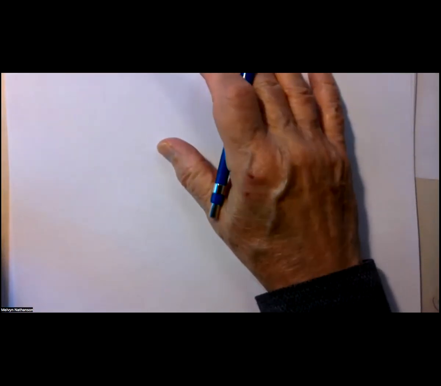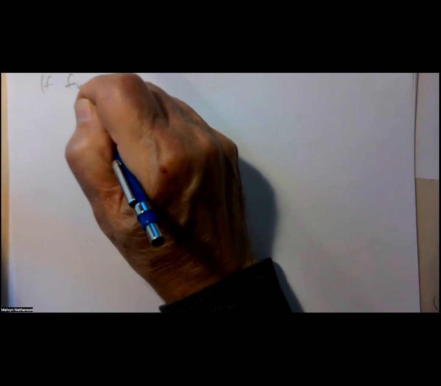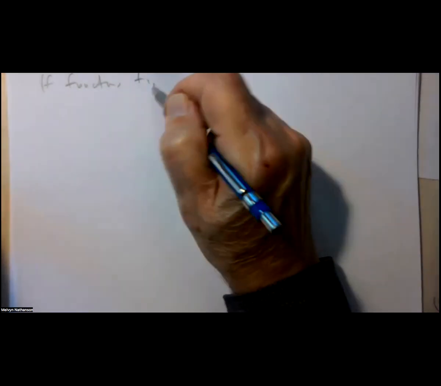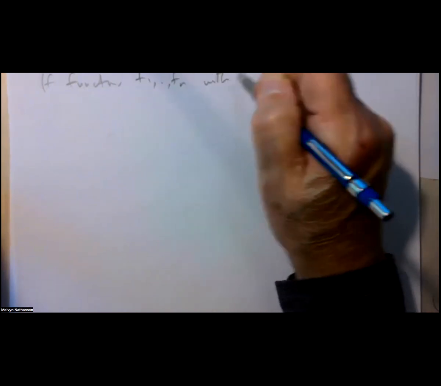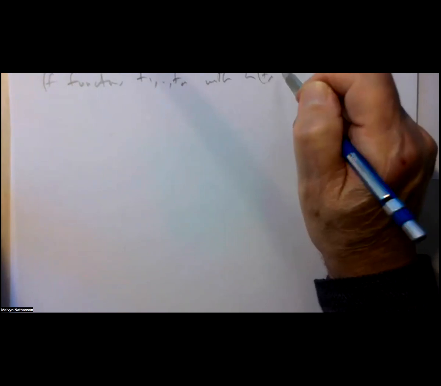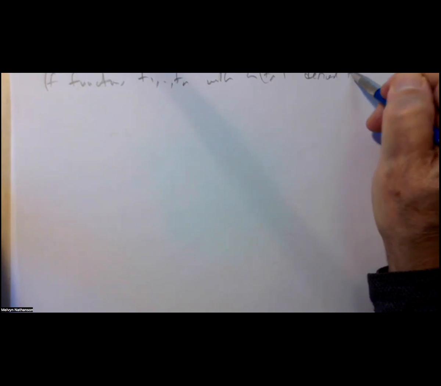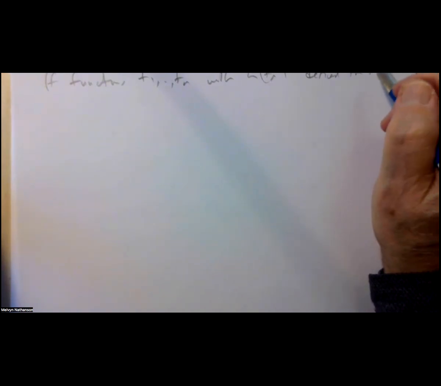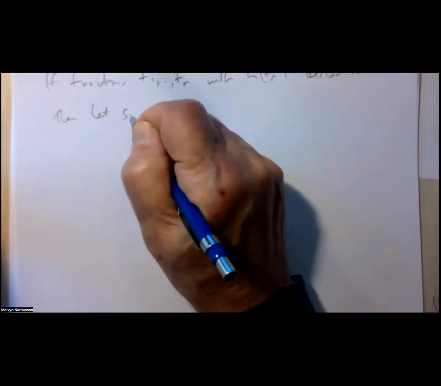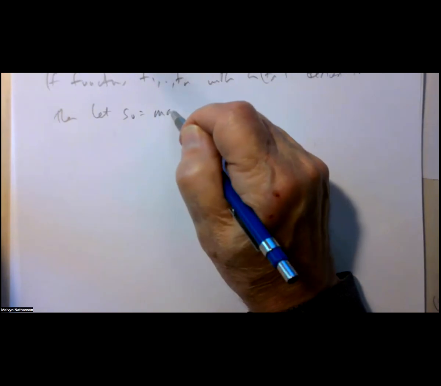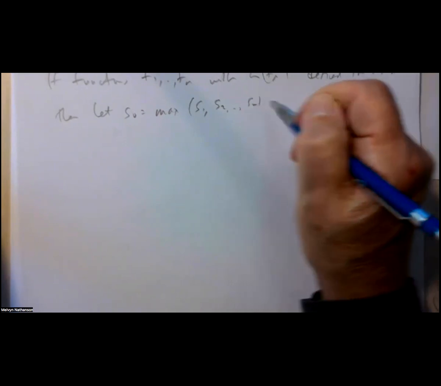So if we have functions f1 up to f sub n with the Laplace transform F sub i, defined for s greater than s sub i, then you let s naught be the largest, the maximum of s1, s2 up to s sub n.